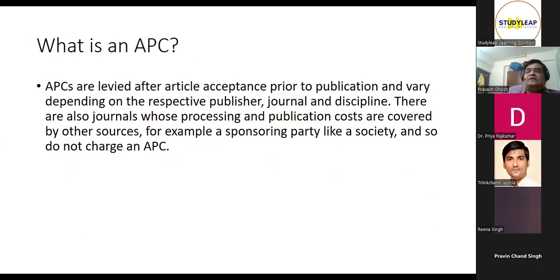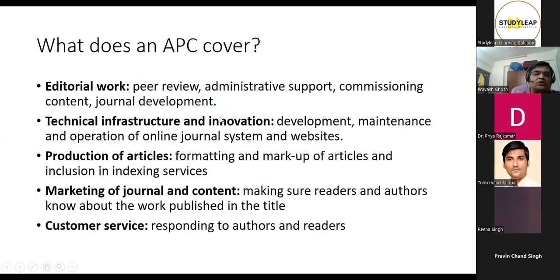So what is an APC? Every time we are using the word APC. Let us understand why a journal charges an APC, right? Because the journal also has a cost to maintain. What costs are there? Let me just show you the cost first. See this, you will understand. Why are they taking so much money? Editorial work, suppose they have to do peer review, right? They have to do the administrative support, right? Checking the references, right?